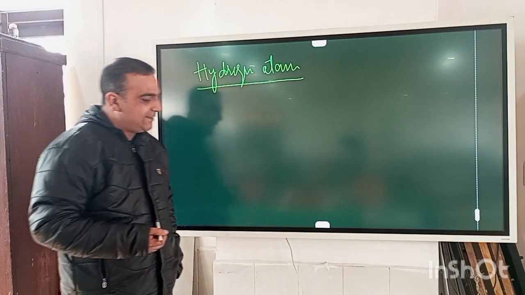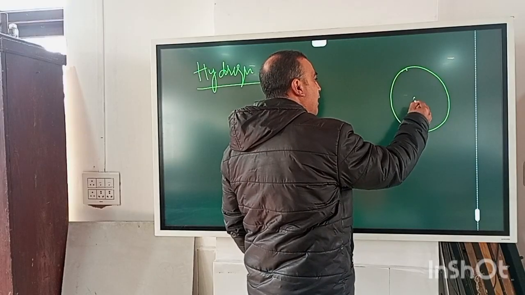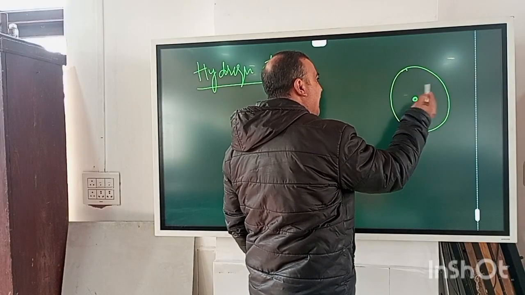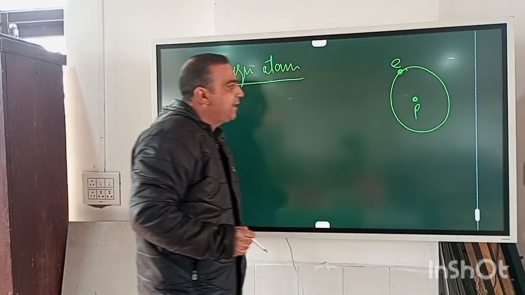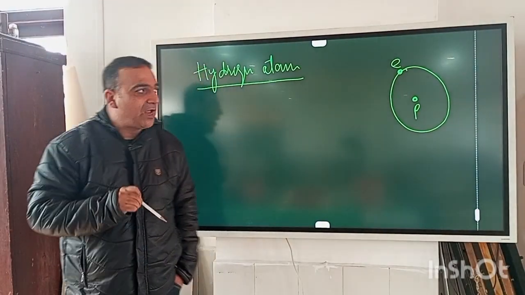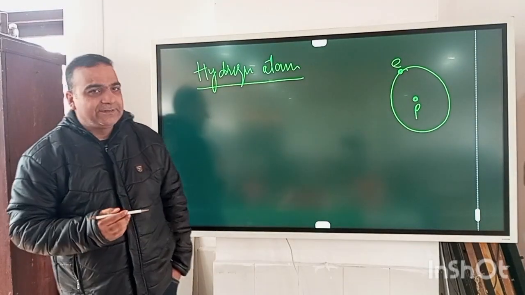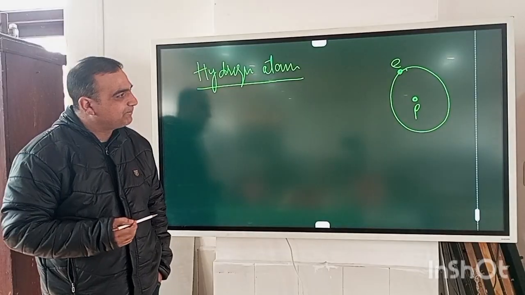And we have a proton and an electron system. Now, if we look at the problem of hydrogen atom, it seems to have spherical symmetry.